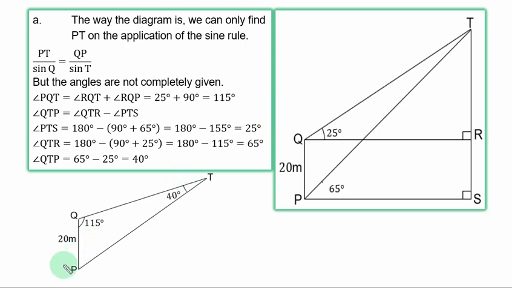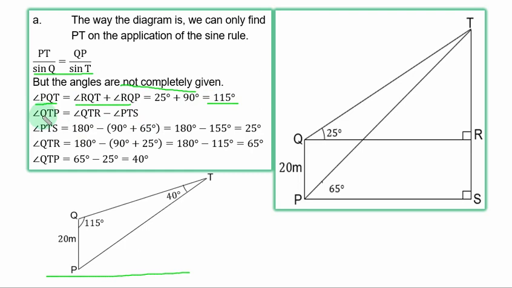From the triangle we are considering, the sine rule is stated in this form. But all the angles are not completely given. I mentioned this earlier. So let's start with angle Q, that is angle PQT. The sum of these two angles is 115 degrees.